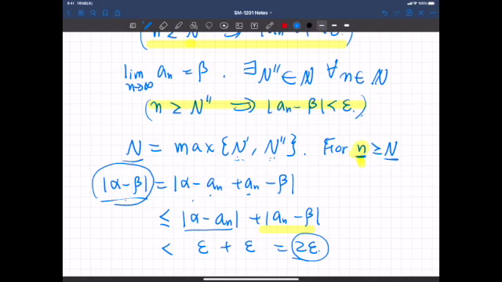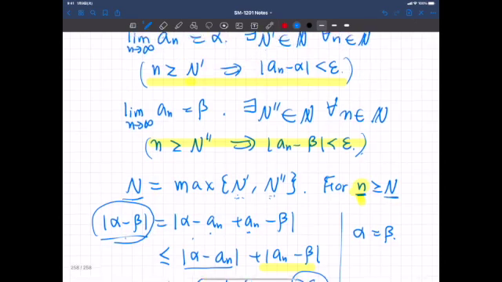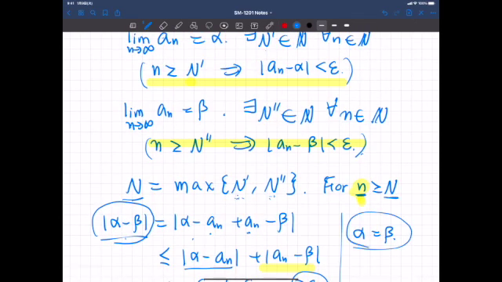We have seen this argument before. So this indicates alpha is equal to beta. So therefore, this limit is unique. And that's the end of the proof.